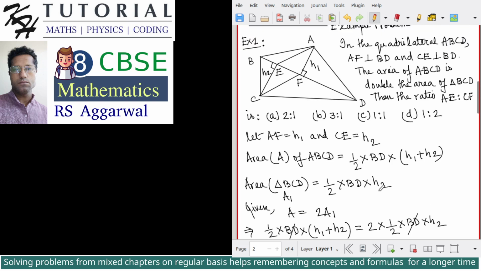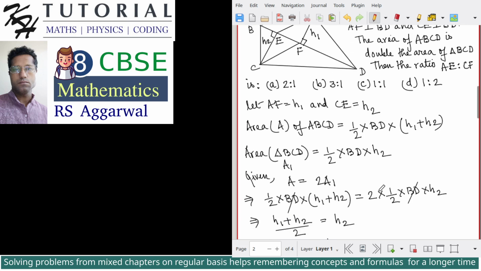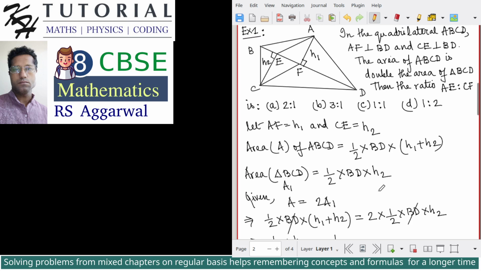We have to find the ratio of AE and CF. So how do we relate AE and CF? Because H1 is equal to H2, that is CE is equal to AF.